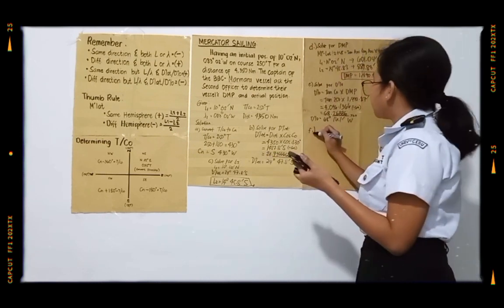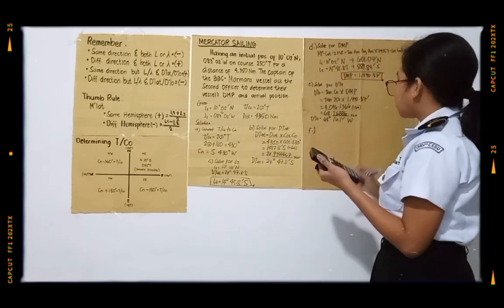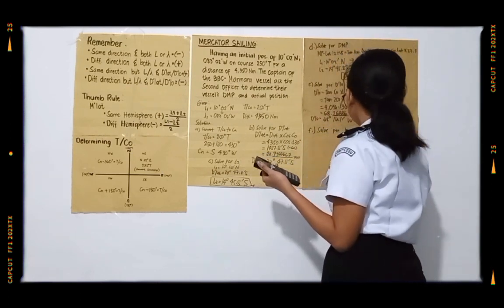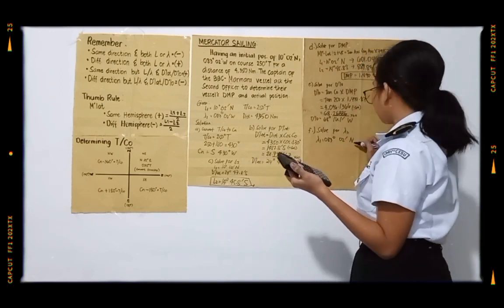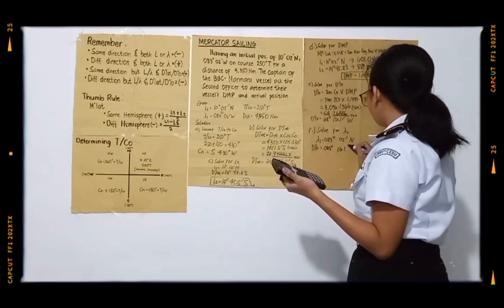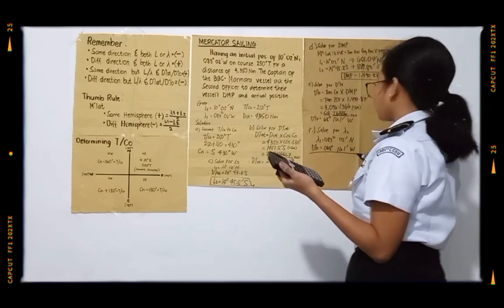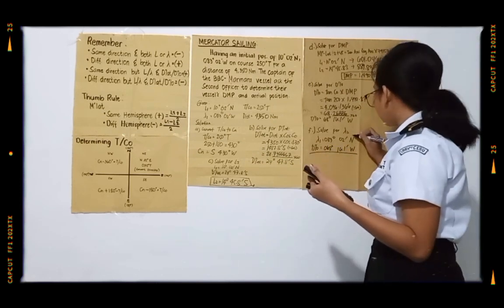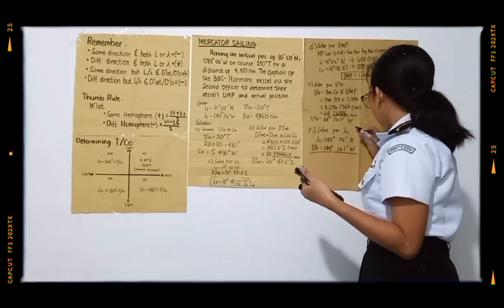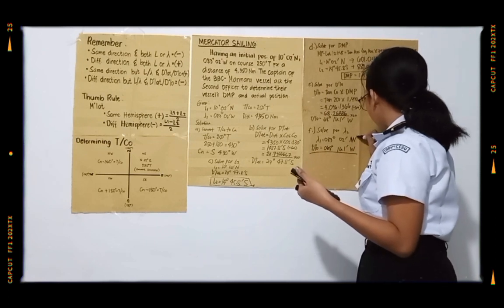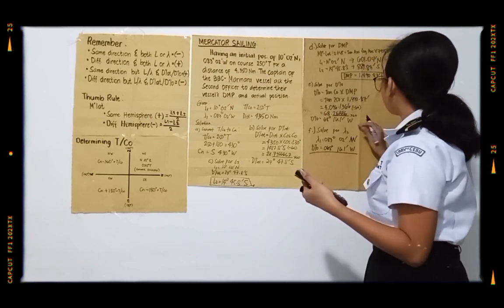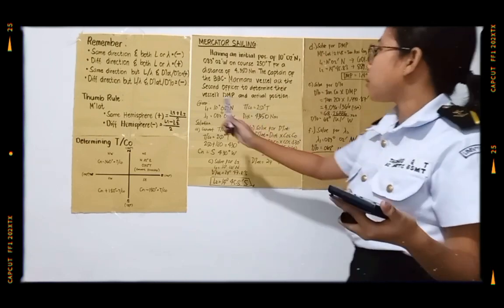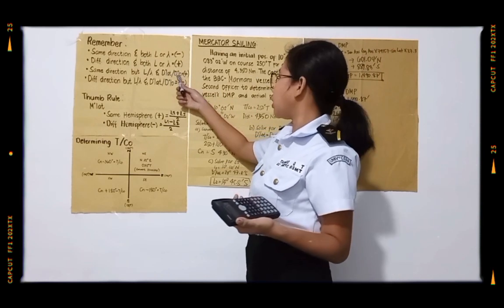Then lastly, we need to solve for longitude 2. Oh, sorry. This is west. So having the same direction, we need to add.